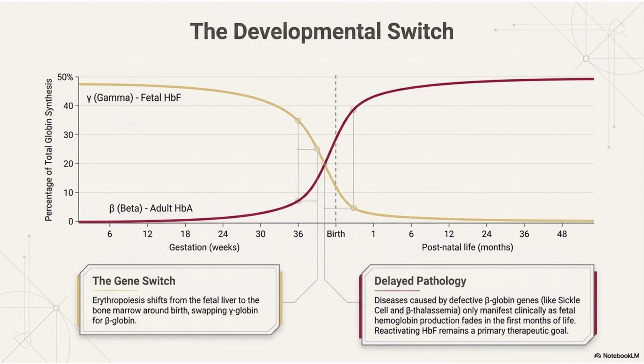In fact, one of the major goals of modern sickle cell therapy is to reverse this developmental program, to convince adult bone marrow to start making fetal hemoglobin again. And it's fascinating to think that one of our newest treatments works by turning on genes that were naturally active before we were even born.